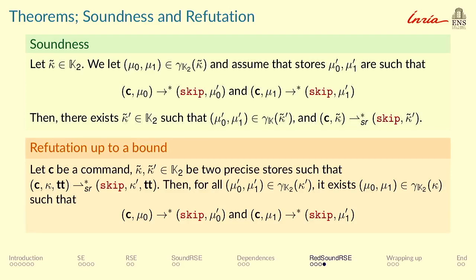The other theorem is maybe a bit more interesting. We call it refutation up to a bound, or completeness up to a bound. The theorem states that the semantics are complete up to a bound, meaning that when we unroll loops, we unroll up to some certain bound. And whenever we have a symbolic state with a precision flag, telling us that we didn't over-approximate, we know that this symbolic state is going to fit perfectly, and it's complete up to the bound.